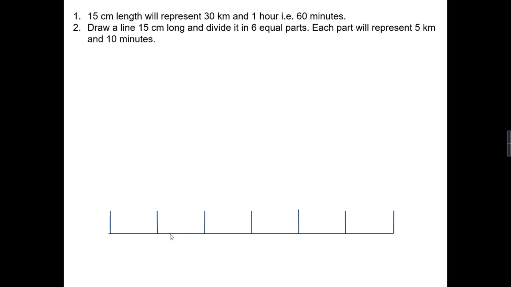So the least count of the scale will be 1 minute. So you can do anything that comes to your mind, but keep in mind what the question has asked you to do. So here I am dividing it into 6 equal parts.